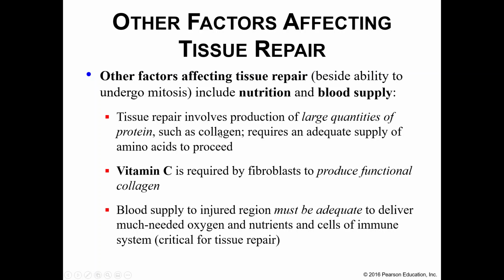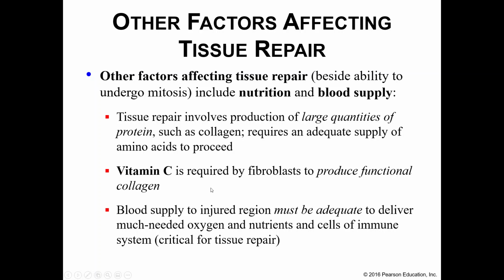So you're going to need a lot of amino acids to create all these new collagen proteins. If your diet is lacking in protein and you suddenly need to do a good bit of tissue repair, you might not have enough amino acids on hand to create enough collagen fibers to do proper tissue repair.